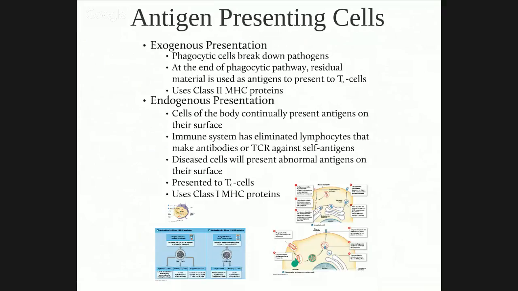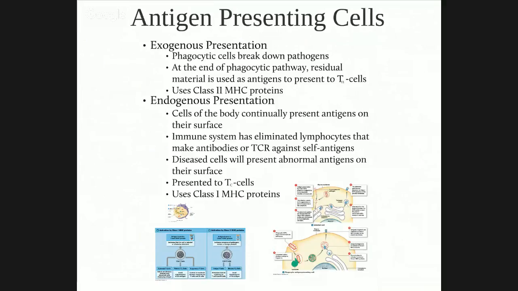So if they could present that on the cell surface, it'd basically be a sign to the immune system that that cell's not functioning properly and should be destroyed. Okay. Or cancerous cells will present things on their surface that are evidence that they're not doing things properly, like that carcinoembryonic antigen I mentioned earlier on colorectal cells.